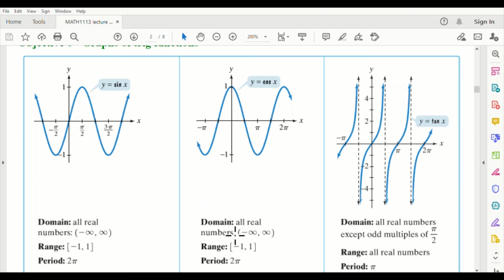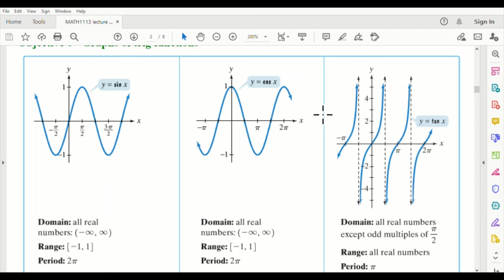Then there's the domain. Well, I'm sorry, I already talked about that. Cosine, sorry. Cosine is this graph. It's very similar to sine, but it's just been shifted, right? So if you start here, you move it to the left, pi over 2, well, you'll end up with the graph of cosine, hence the name, right?